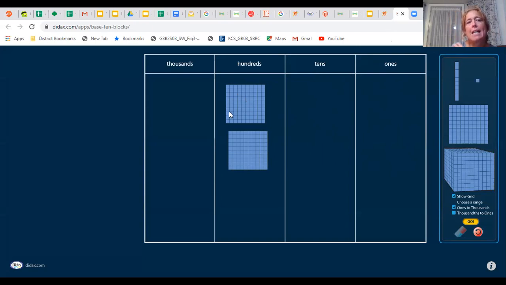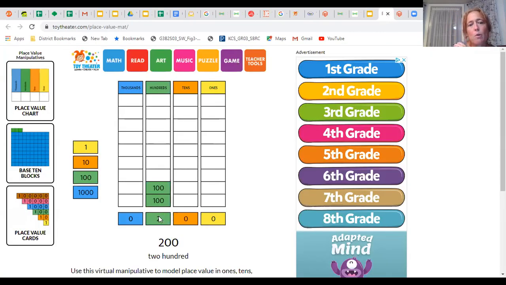So there's 10 tens here and 10 tens here. So in the number 200, there are actually 20 sets of 10, because 10 here, 10 here, 10, 20. But we know those tens are not in the tens place, right? They're here in the hundreds place.